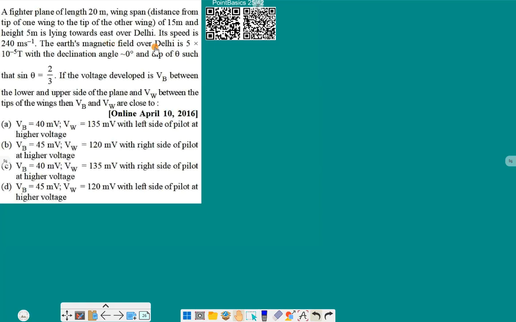Earth's magnetic field over Delhi has a declination angle of 0 degree and a dip of theta such that sine theta is 2 by 3. If the voltage developed is VB between the lower and upper side of the plane and VW between the tips of the wings, then VB and VW are close to. So we have to find the value of voltage from top to bottom and from left to right for the plane. So first of all, let's draw the diagram.